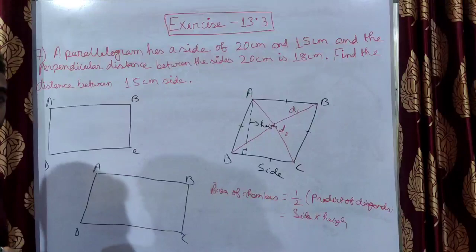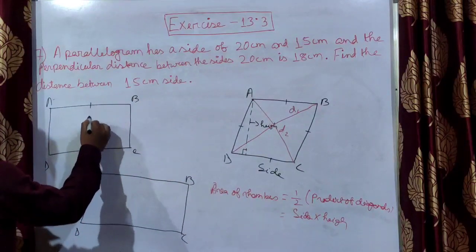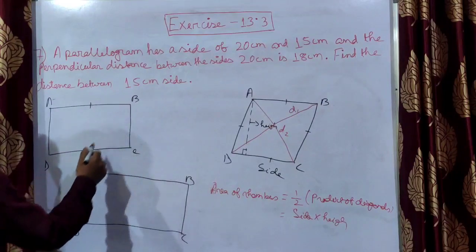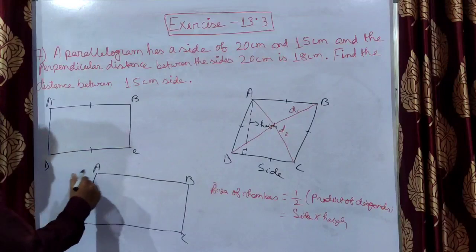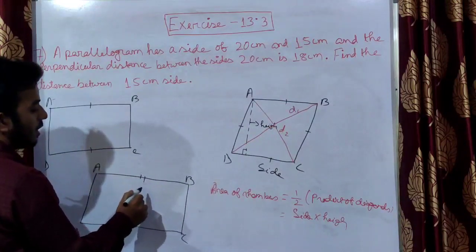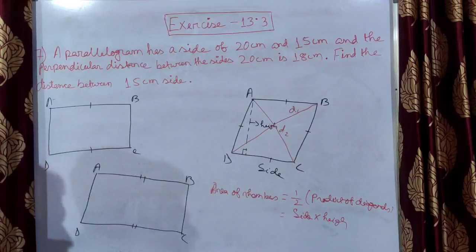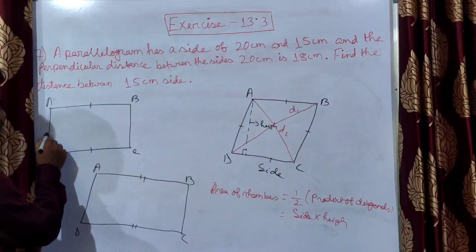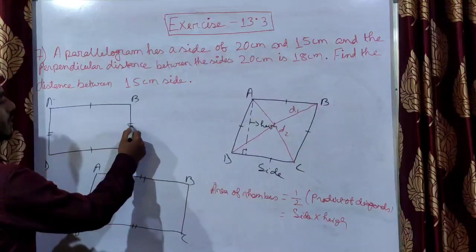What are the similar characteristics of rectangle and parallelogram? In a rectangle, opposite pairs are equal. Suppose if AB is 20 centimeter, DC will also be 20 centimeter. Like this, in a parallelogram, if AB is 15 centimeter, DC will also be 15 centimeter. In a rectangle, if this side is 10 centimeter, this side will also be 10 centimeter.